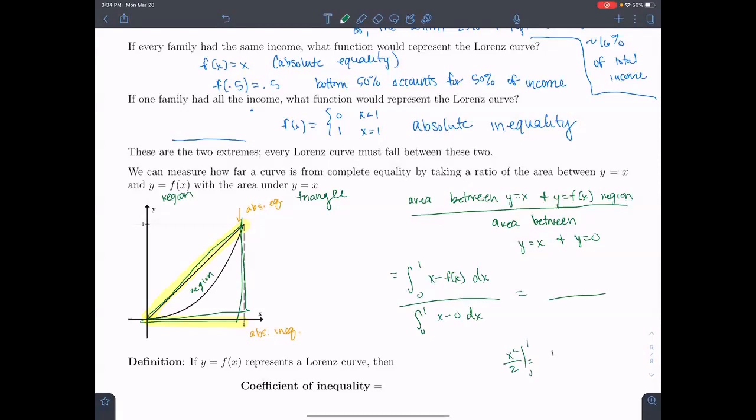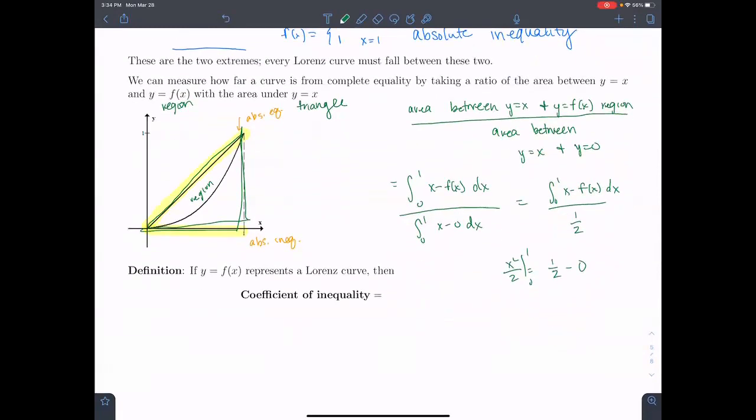So you would have 1/2 minus 0. So this is 1/2 on the bottom. And then on the top, you just have that same thing, the integral from 0 to 1 of x minus f of x dx.